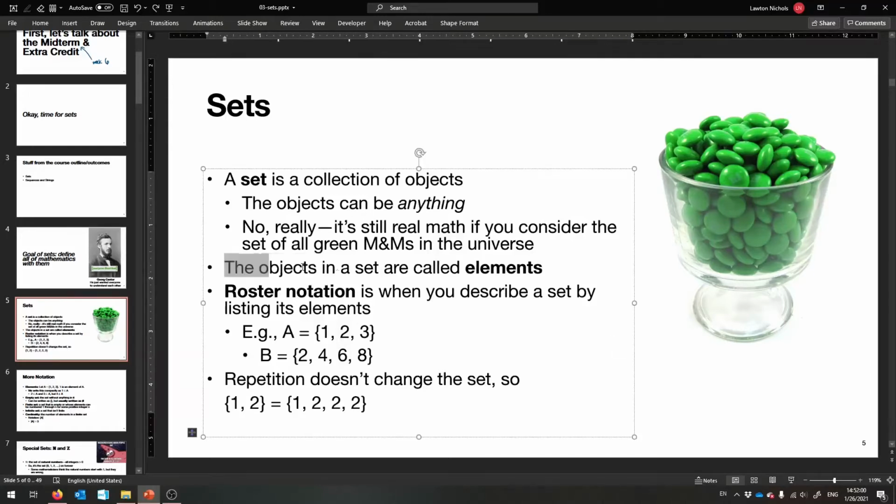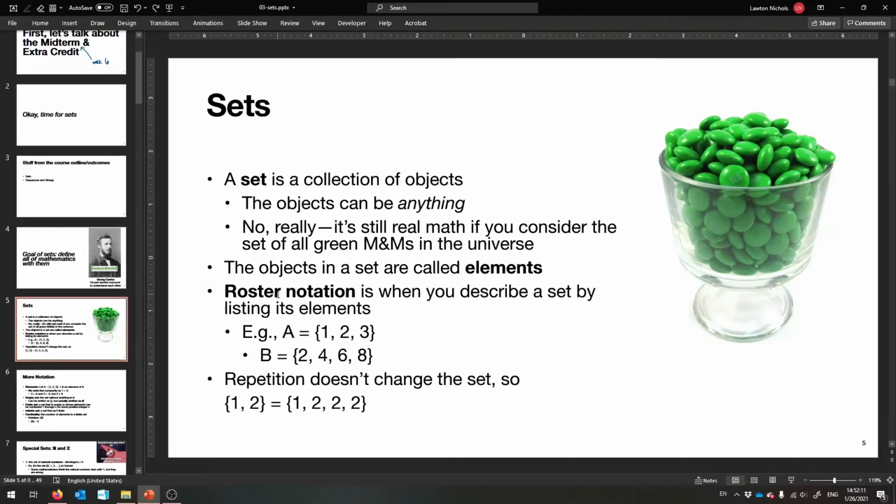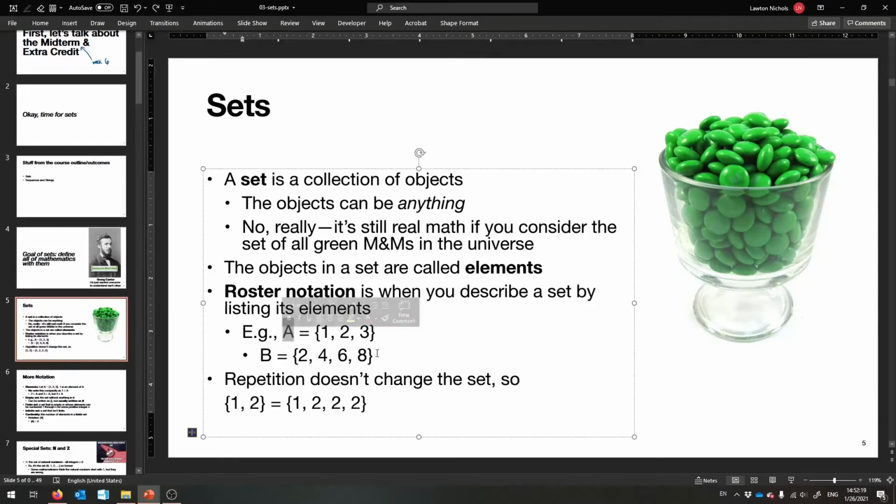So the objects in a set, the bunch of objects you're putting together, are called elements. That's the technical term that we use. Normally, we like to describe a set, if it's finite, by listing all the elements that are in that set. For example, we can define the set A to be the set containing 1, 2, and 3 as its objects.